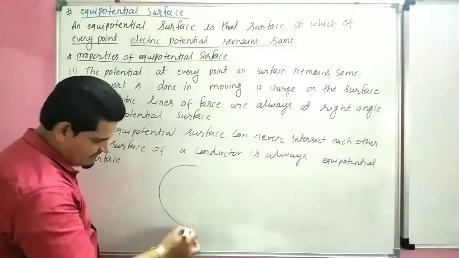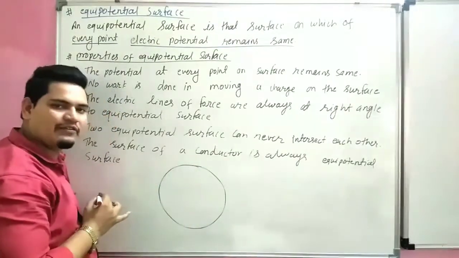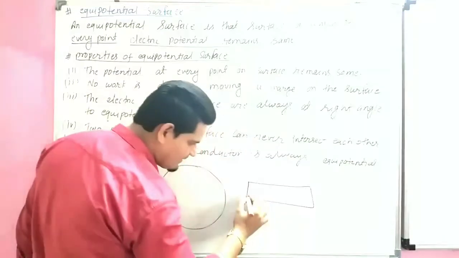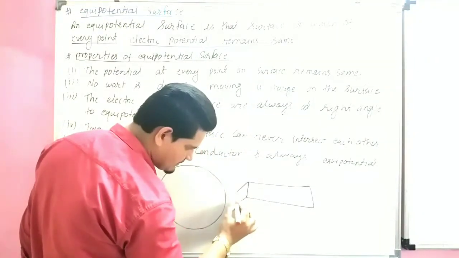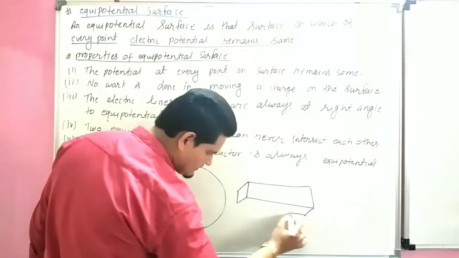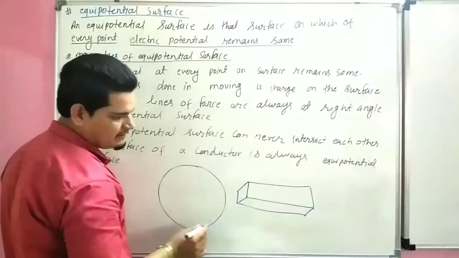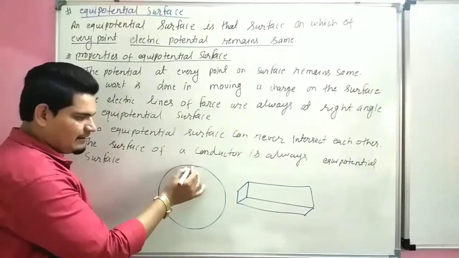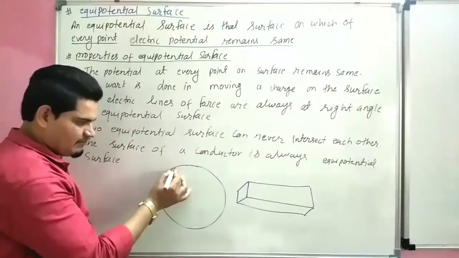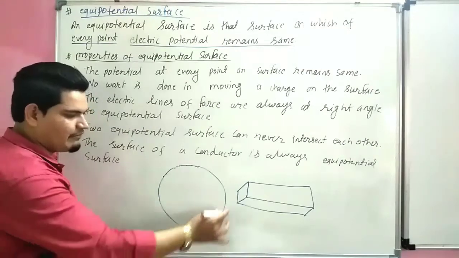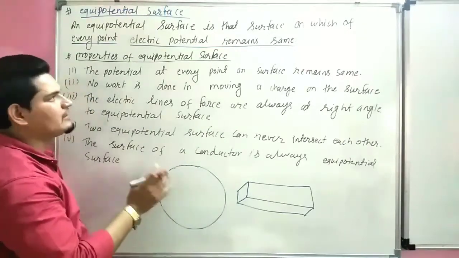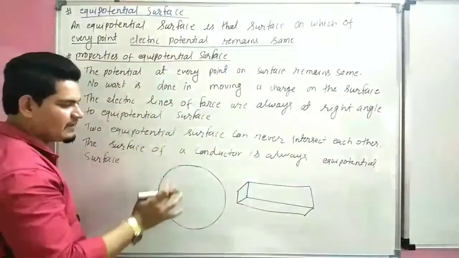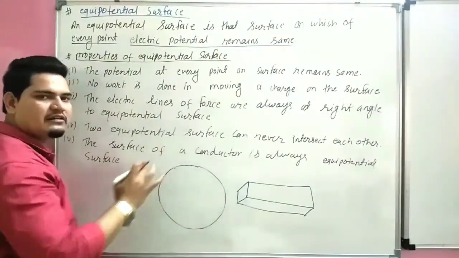Consider this is a surface, or we can also consider this is a conductor. On every point of the surface, the electric potential remains the same.